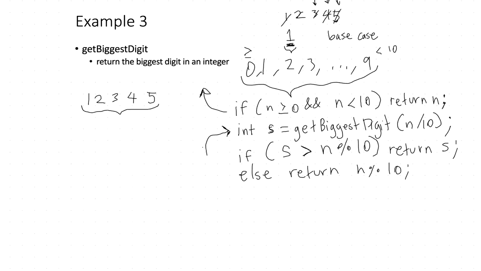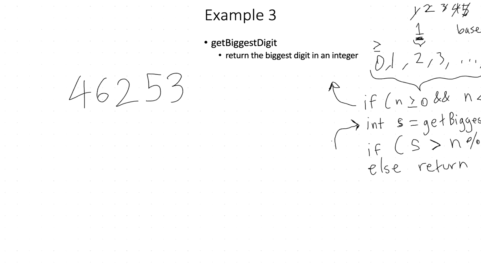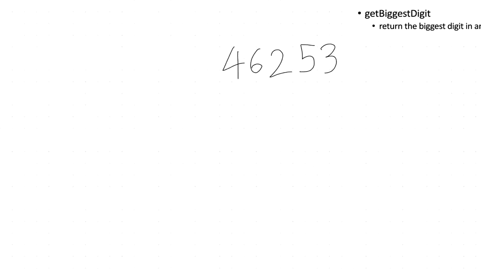Let's see. Okay, so 4, 6, 2, 5, 3. I'll try it with this number. Let's say the original call we made is here.